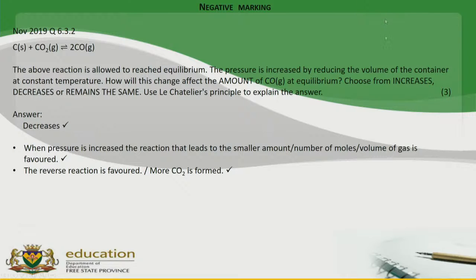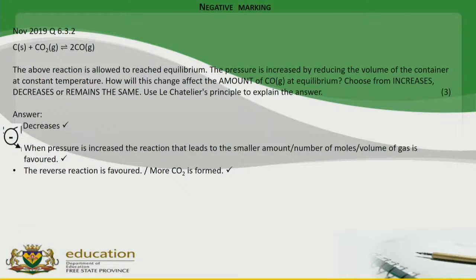Why will this change affect the amount of CO? So what does negative marking mean? It means for the 2 marks of the reason, you must first answer the question. If the answer is incorrect or if there is no answer, you will lose the marks of the reason.